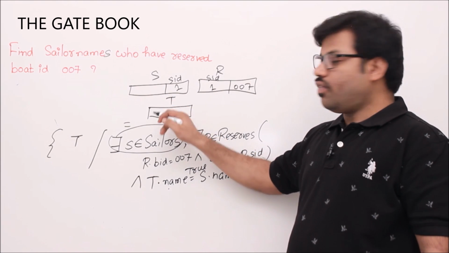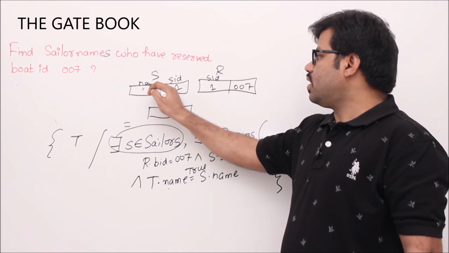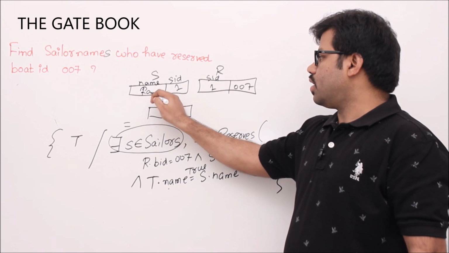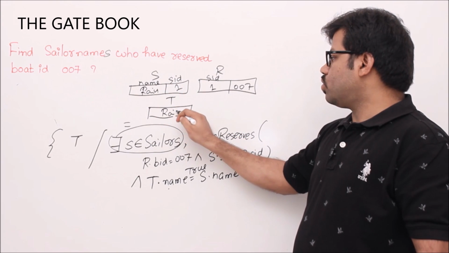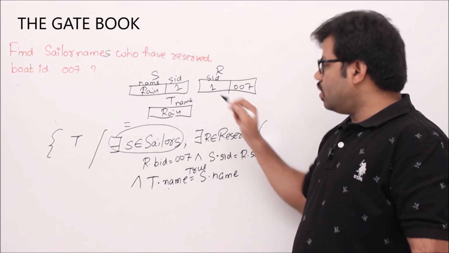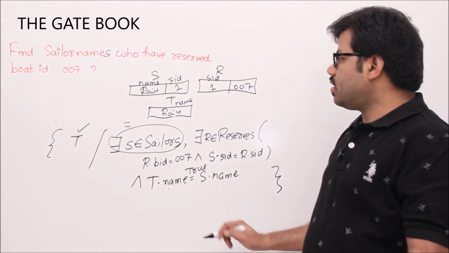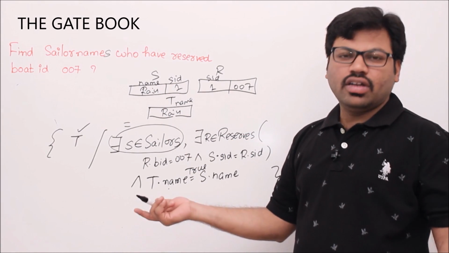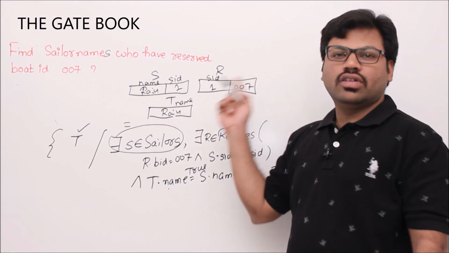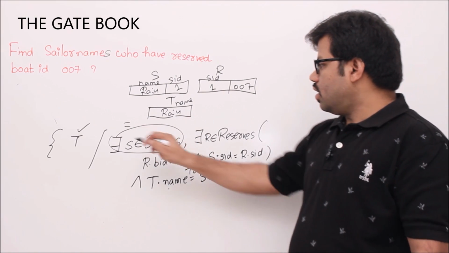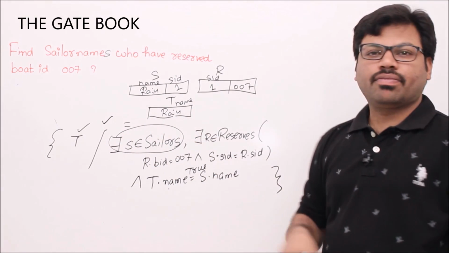This T dot name should have this S dot name property. What is this S dot name's value? Raju, let's say. Then T dot name also should be Raju. In that circumstance, we are printing T. Then what are you printing? You are printing simply S dot name. That is nothing but sailor name who have reserved 007. This is the tuple relational calculus query. Understand?